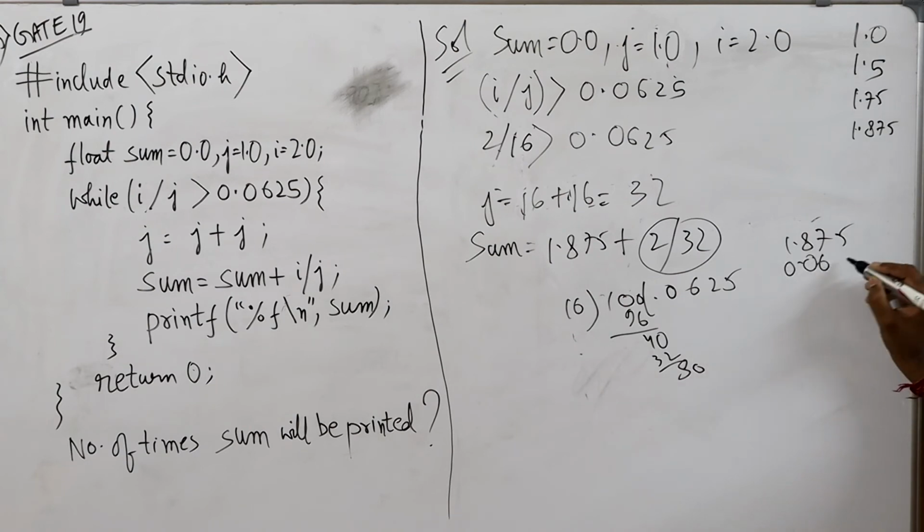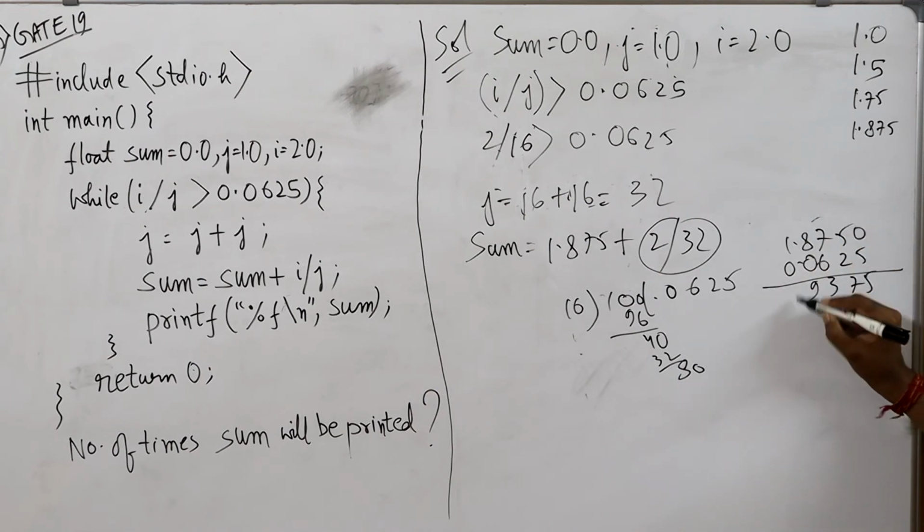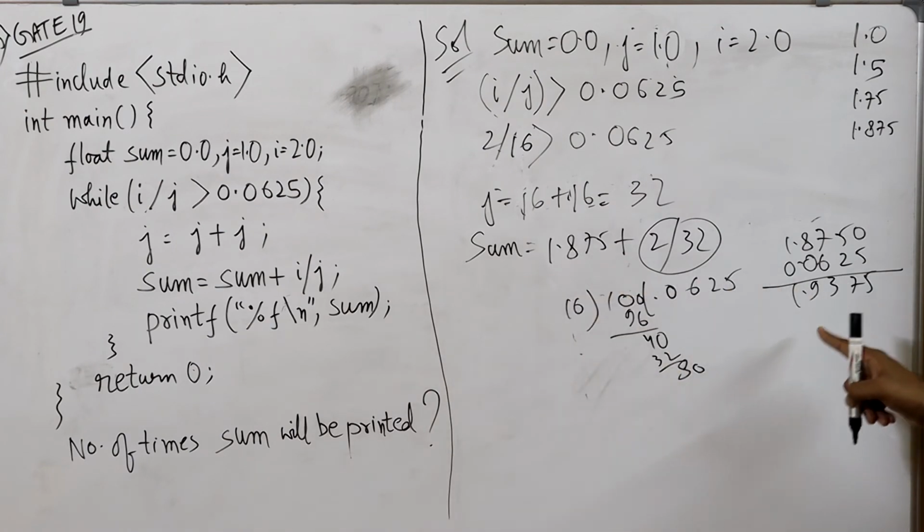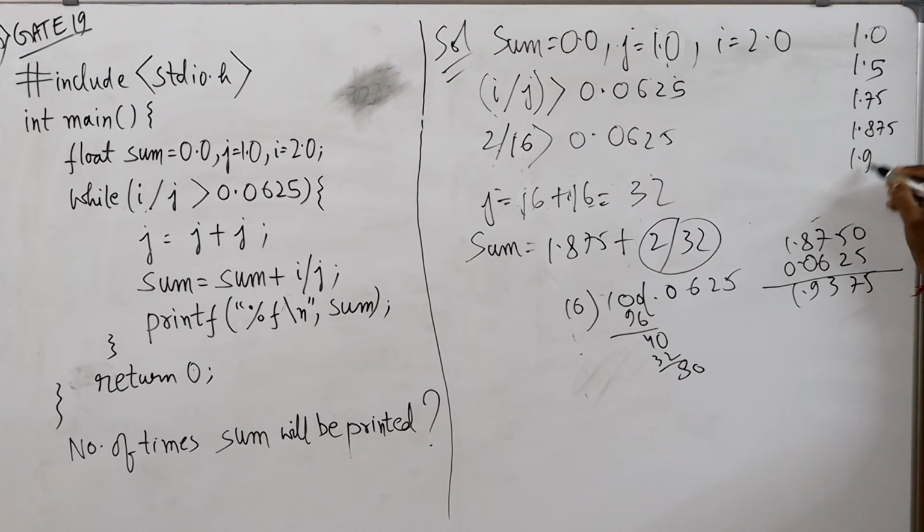This is calculation part, you can do it yourself. So the value of sum will be 1.9375. Fine. Okay.